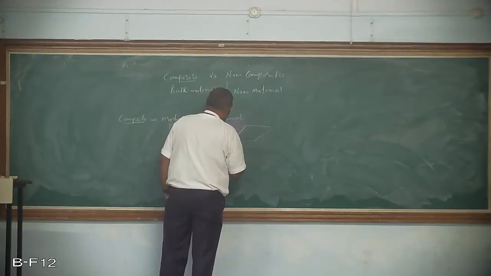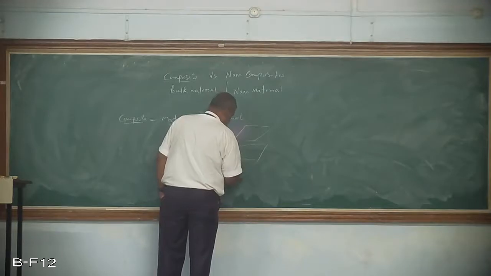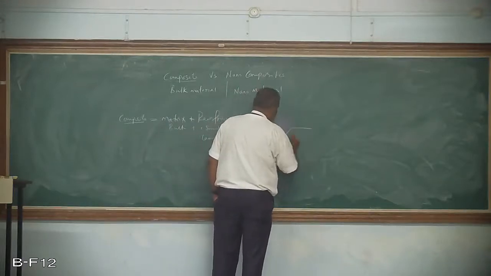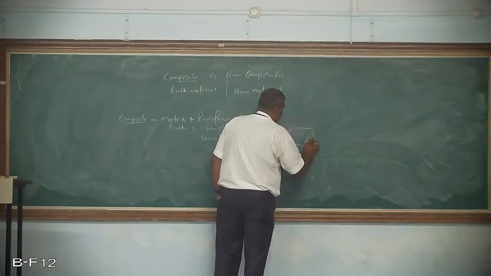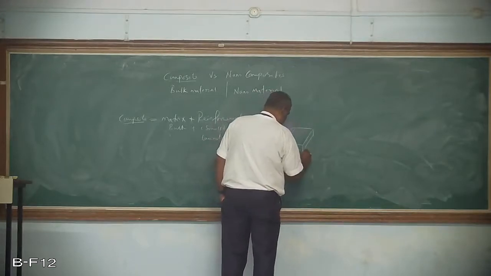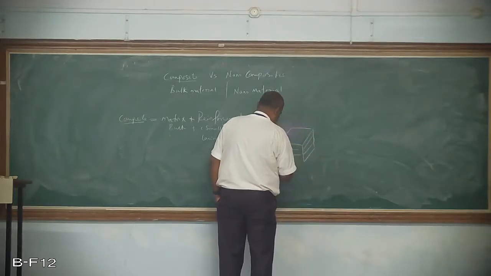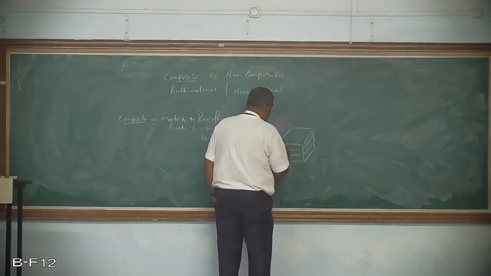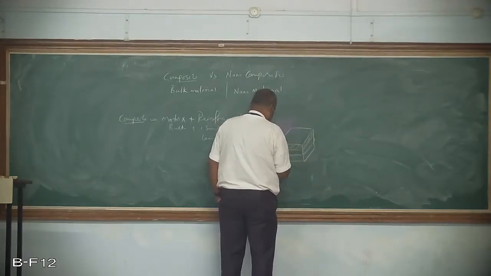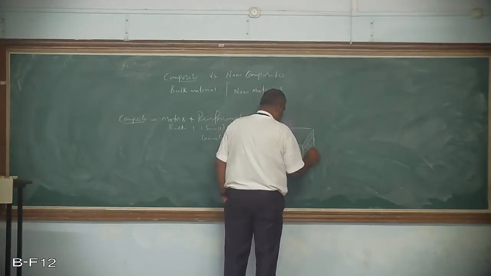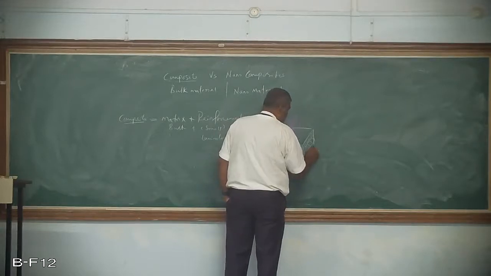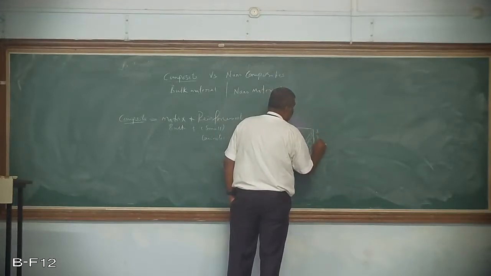You can have different numbers of laminates, and when you club them, this is the first layer, second layer, third layer.